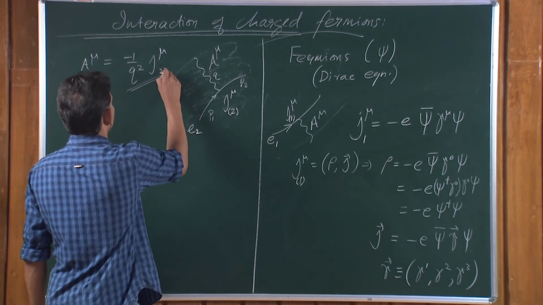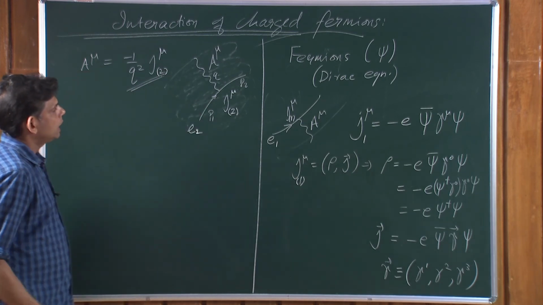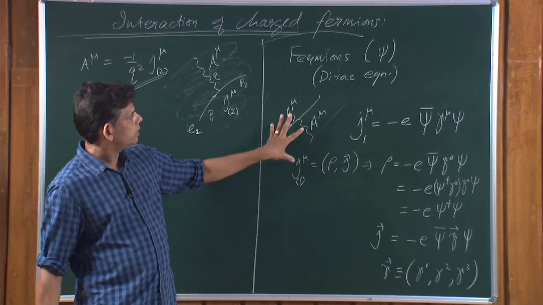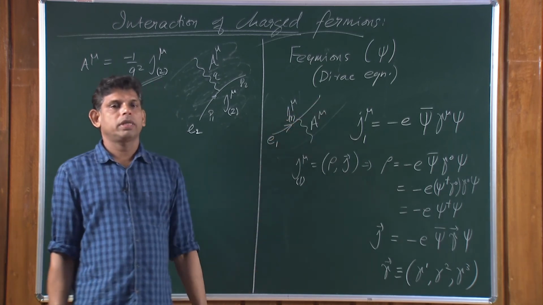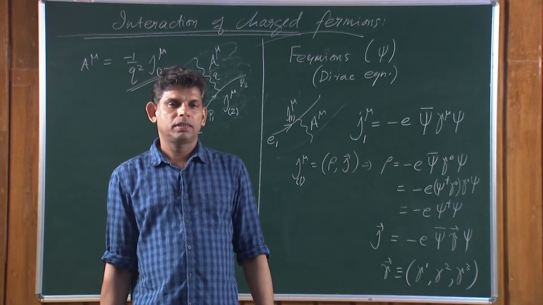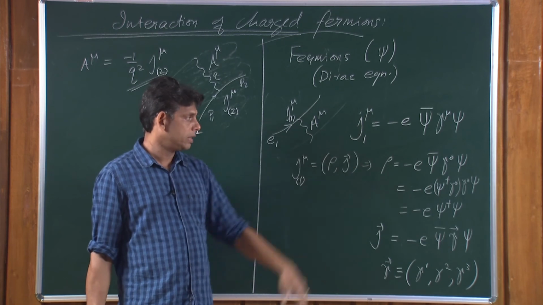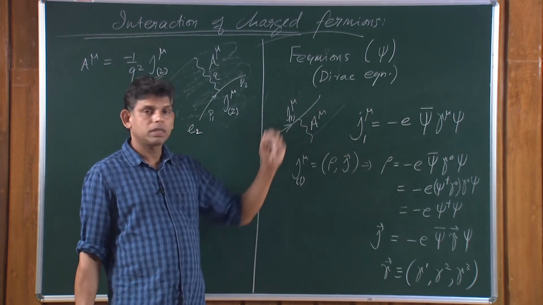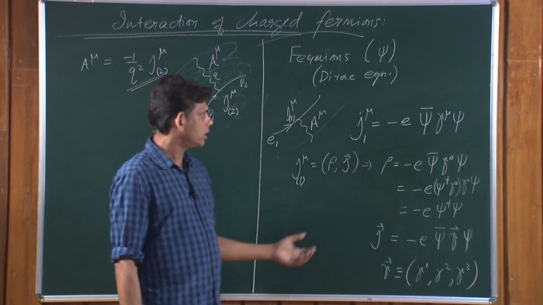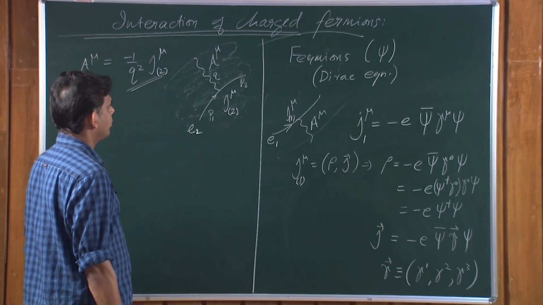Now, let me look at these together. Here we were saying that an electron encountering an electromagnetic field will interact with the photon in this manner, with the current representing the charged particle motion, the electric current itself, and then this is the A mu.